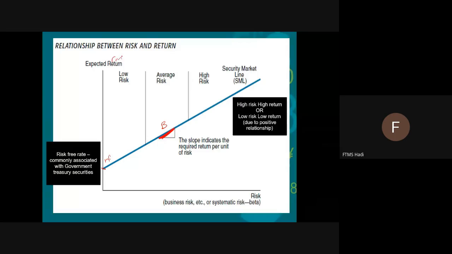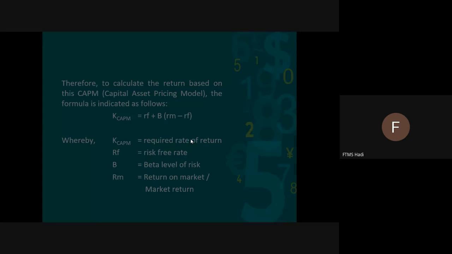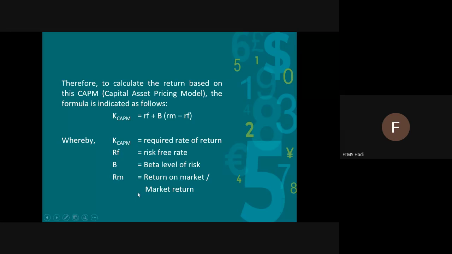So therefore, if you learn mathematics, you can find out that if Y is equal to MX plus C, if you remember that, or Y is equal to C plus MX sometimes. So therefore, the formula is derived from here as well. So by using this formula, you will find the rate of return of your desired investment. Okay, end of chapter 3. There is no example in this one, but I will show you how to do this.